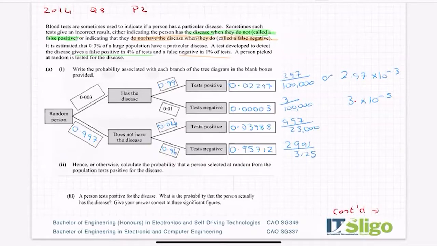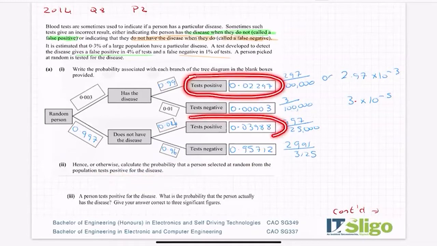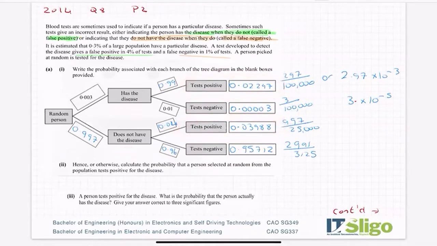Okay, so hence or otherwise, calculate the probability selected at random tests positive. So there's test positive and there's test positive. It doesn't say anything about whether they have the disease or not. It just says calculate the probability that they test positive. So these people test positive and these people test positive, okay? So we're happy with this one or this one.